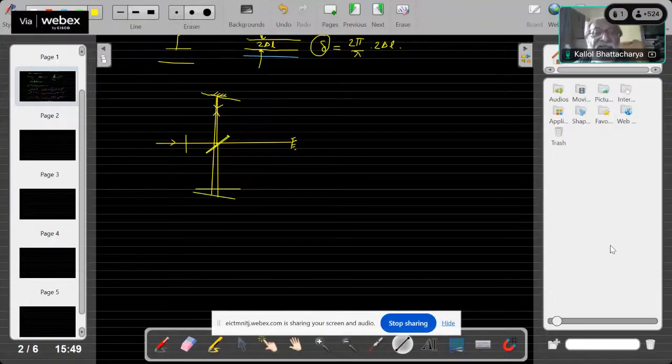And something very interesting happens. We have the two wavefronts, this one and the other, which are not parallel to each other. Then what is the result of interference? Let us assume that at this point the phase is zero.